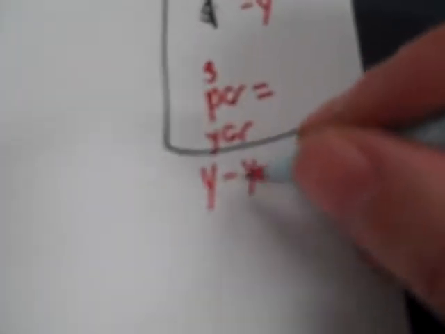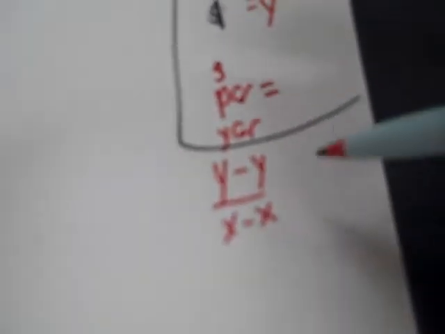Okay, the cost per year. How much is the cost changing by every year? I need to use the y minus y over x minus x. So y is money. What are my two money amounts? I have $21.62 and $38.23. So 38.23 minus 21.62.